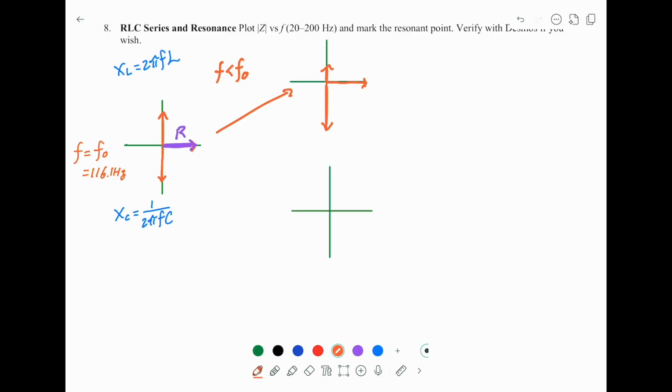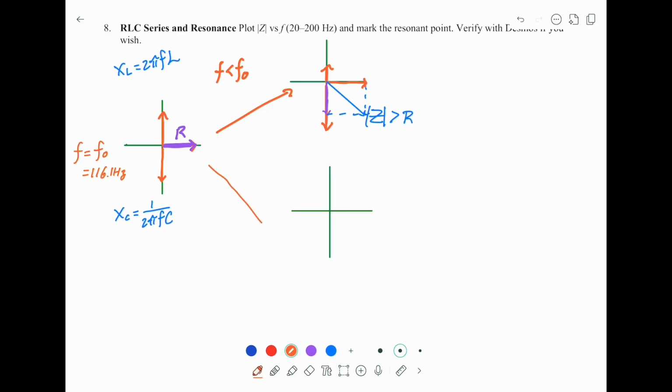So if we add all three vectors, you will put this one somewhere here, and then add this one, and this is your Z, and you can see the value of Z will be larger than R.